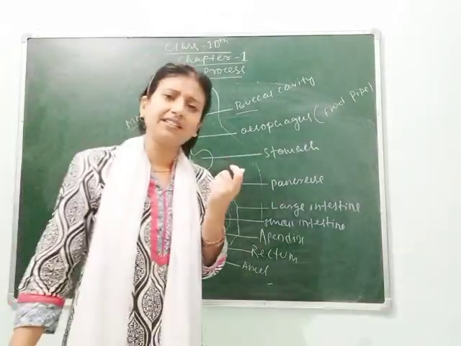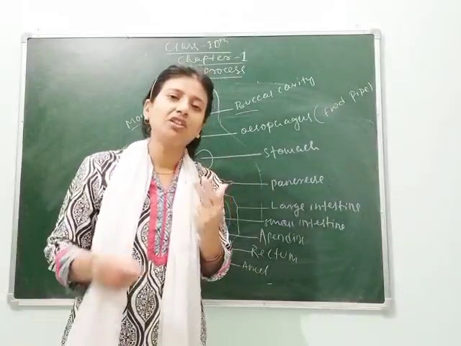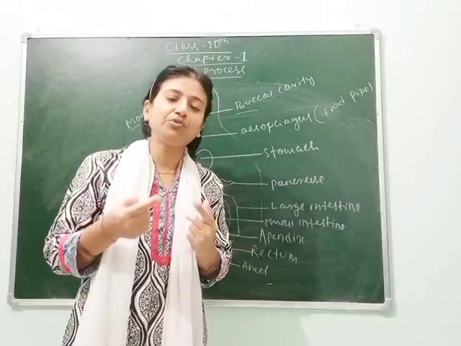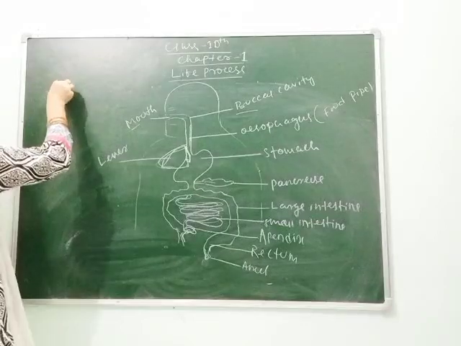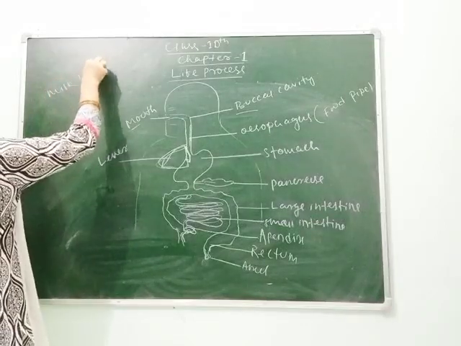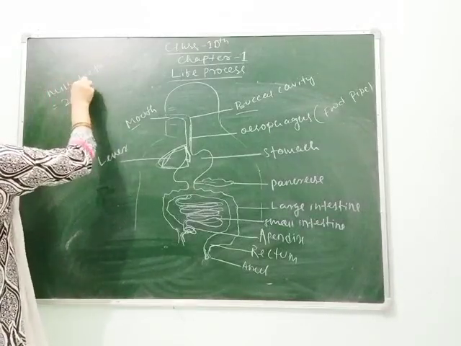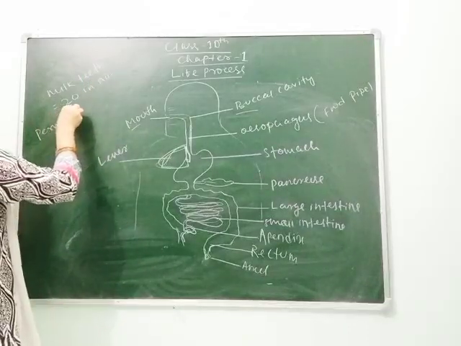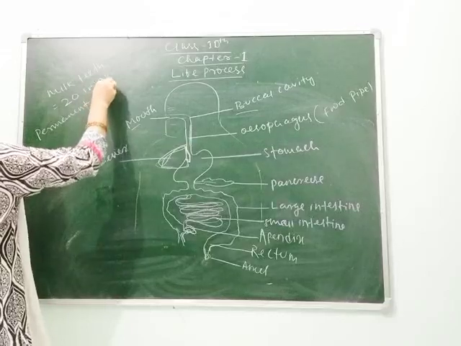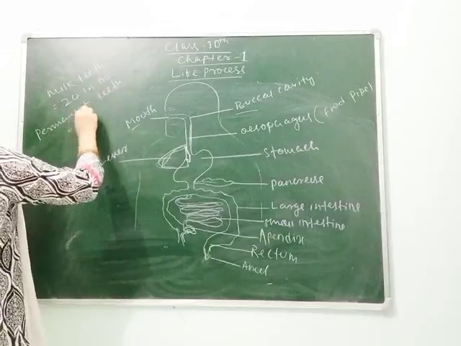Our arrangement of teeth is called diphyodont, because we bear teeth in our life 2 times. Once milk teeth, which are 20 in number, and then permanent teeth, which are 32 in number.